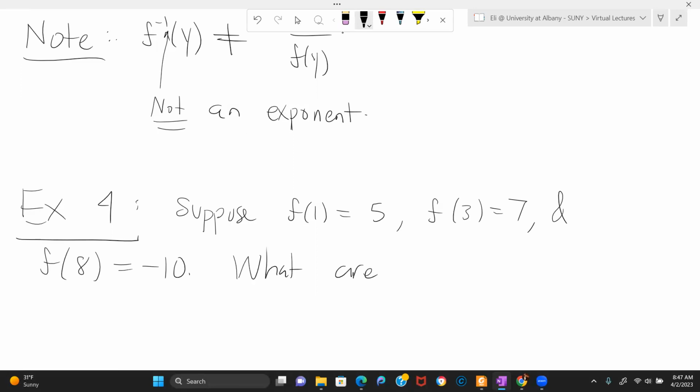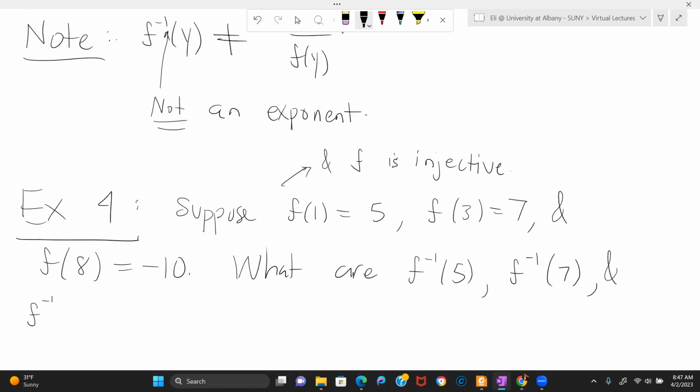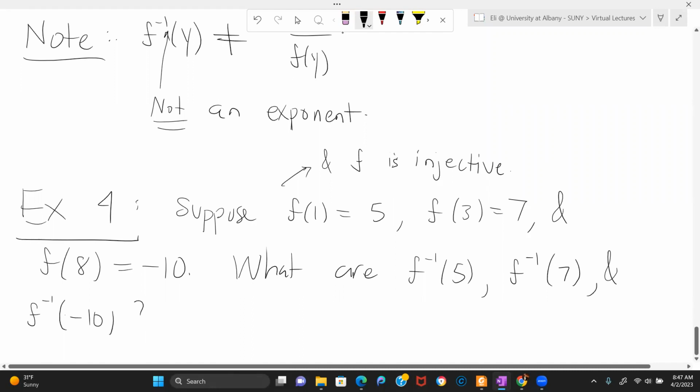I should also say suppose f is injective, because we're going to talk about the inverse function, and you can only have an inverse if you're injective. So what are f inverse of 5, f inverse of 7, and f inverse of -10?